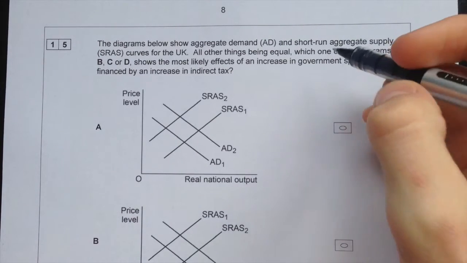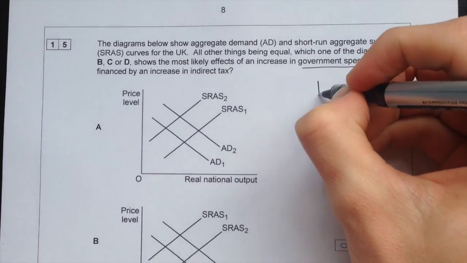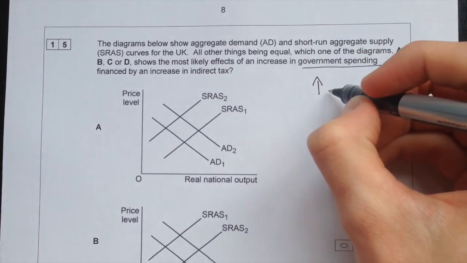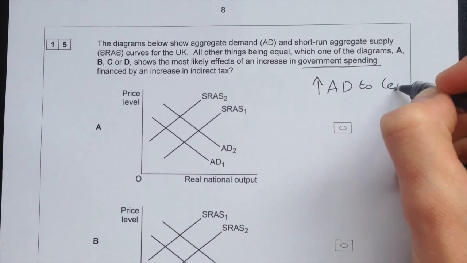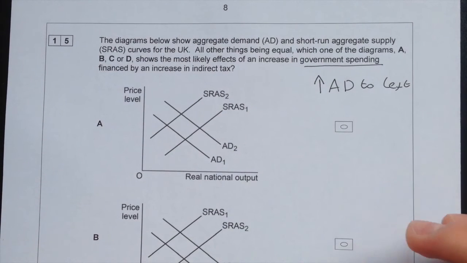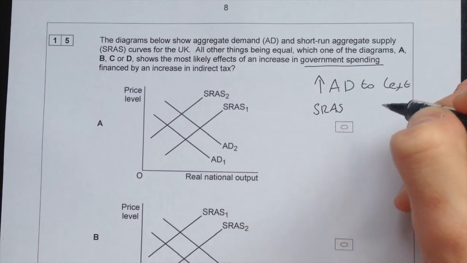So an increase in government expenditure will cause AD to shift, and if it's financed by indirect taxes, then it will cause SRAS to shift to the left.